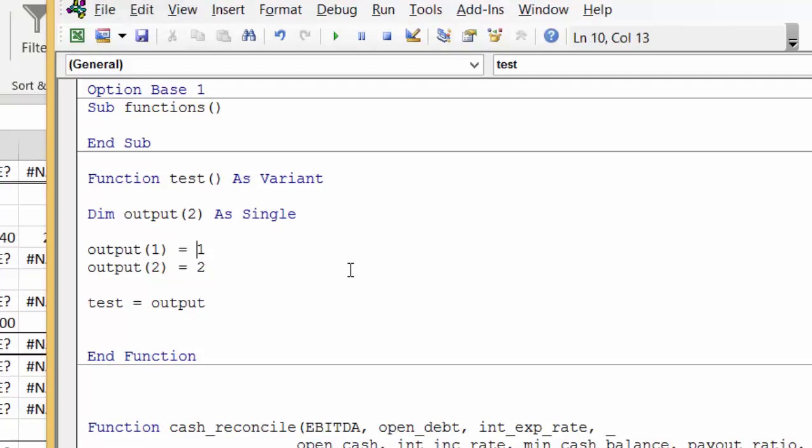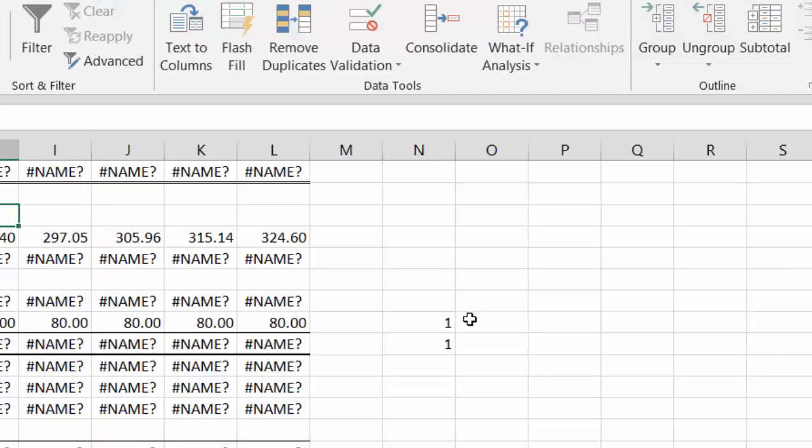So what I'd have to do is, I believe, put 1, comma 1 and 1, comma 2, and we put it like this. Let's try this. So now we press F2, Shift Control, and it didn't work.